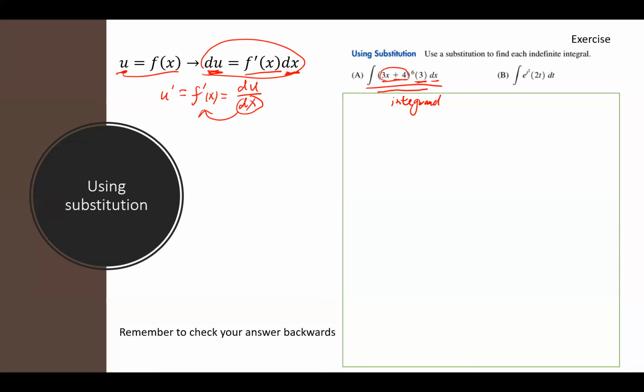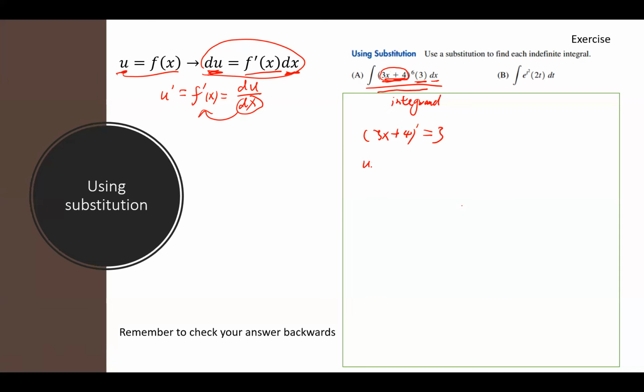This portion itself seems to be related to the second term, which is 3, right? If we take the first derivative of the first term, 3x plus 4, then the derivative is just 3 itself. So these two are related, and this gives us a hint.